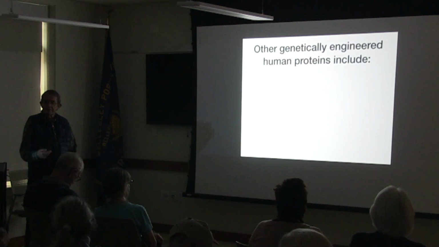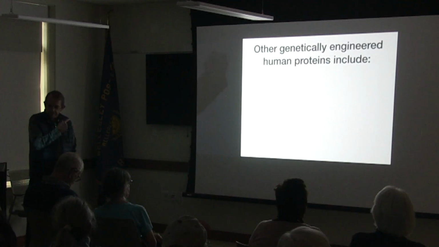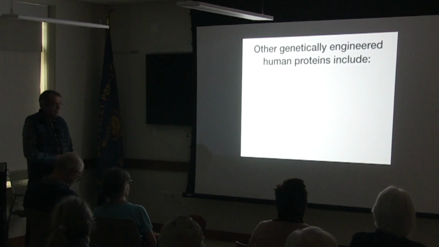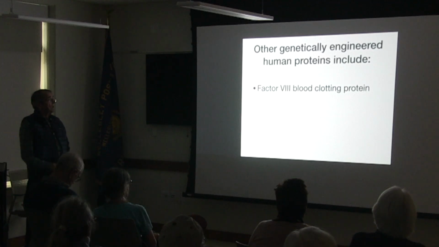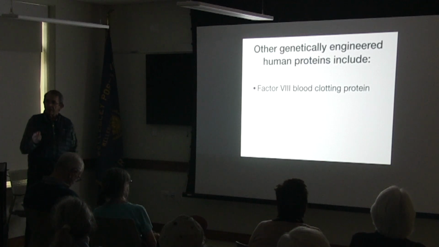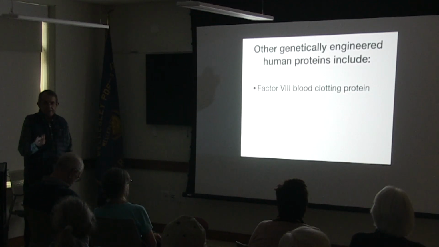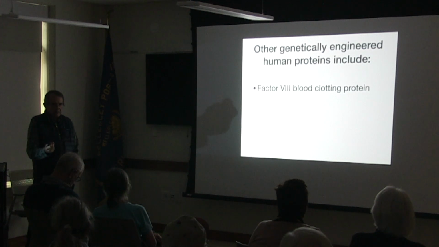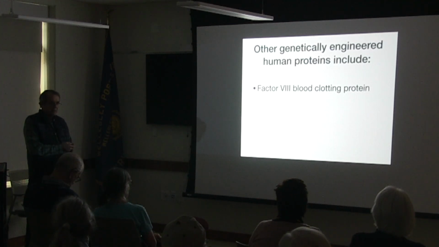There are many proteins that have gone through this process. I'll mention 3 of them. Factor VIII is one of the proteins involved in blood clotting, and it's the one that's missing in hemophiliacs. Hemophiliacs through the 80s and part of the 90s could get treatment by getting injections of factor VIII protein.